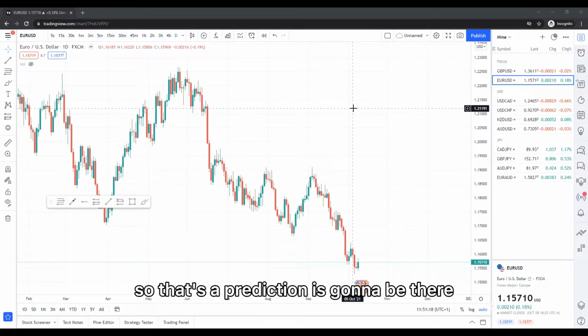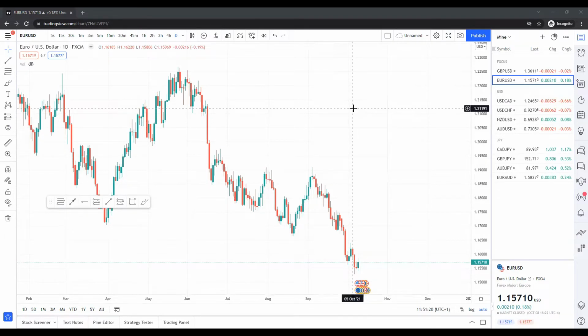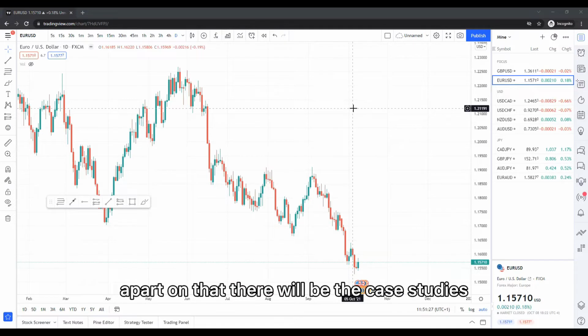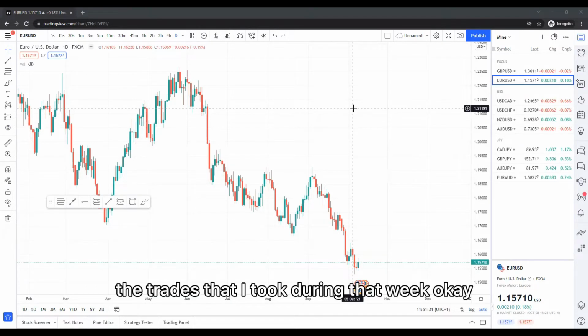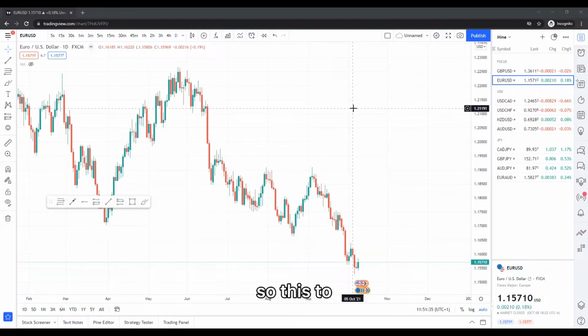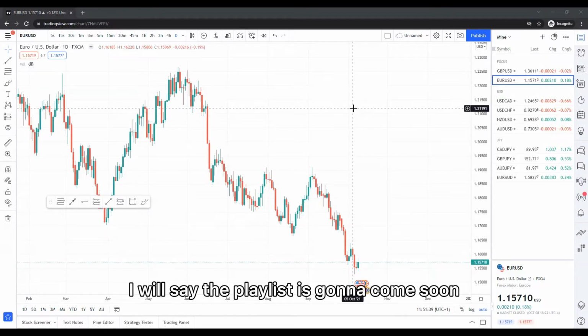That's a prediction for the few pairs that I do trade. Apart from that, there will be case studies of the trades that I took during that week. So these two, I will say the playlist is going to come soon.